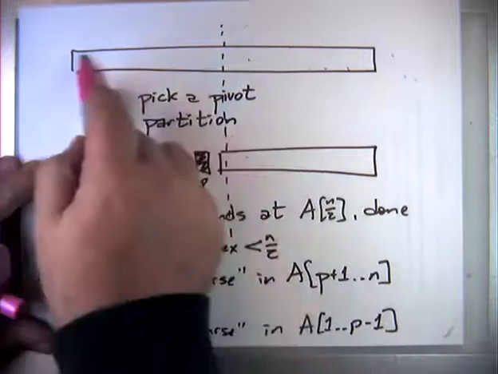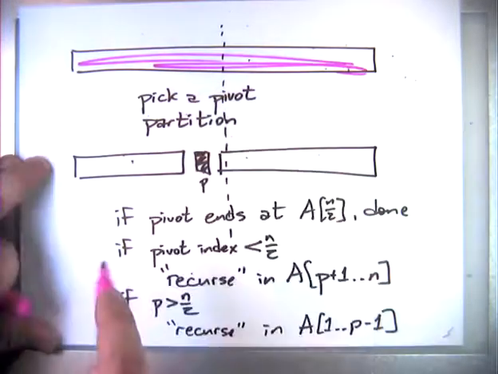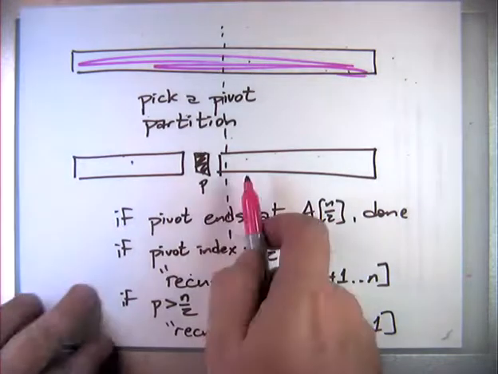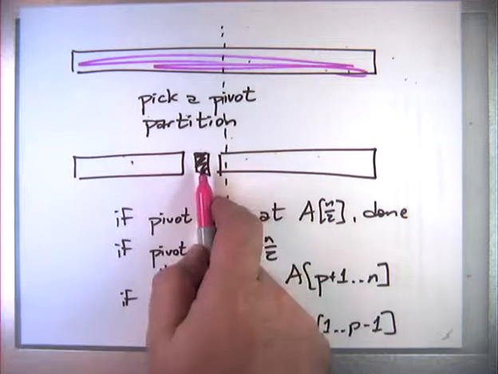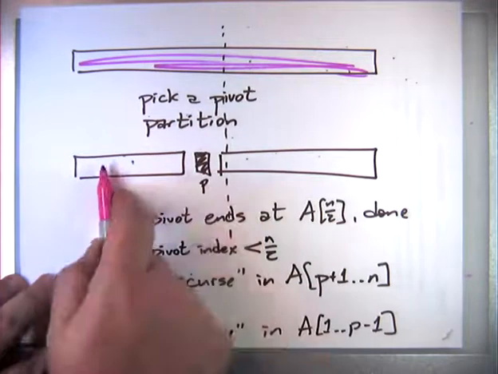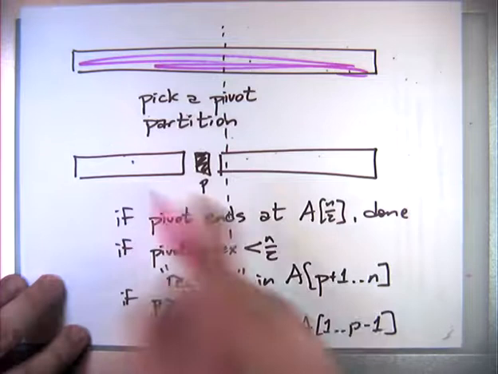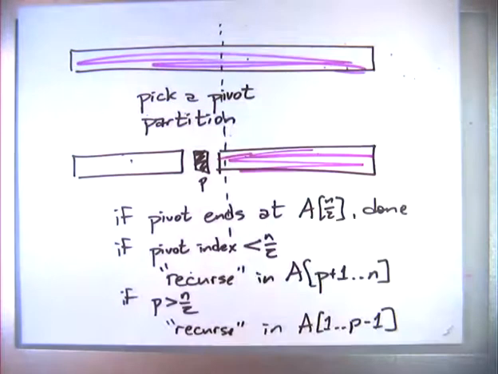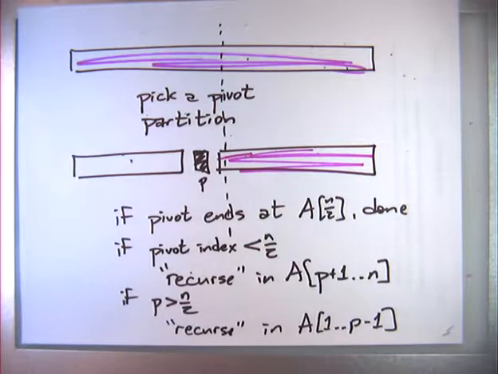If I want to find the median of this entire array, I pick a pivot somewhere and I partition the array. And then I ask, is the pivot actually the median? Or is the median on the left, or is the median on the right? In this case, the median's on the right, so I need to sort of recursively search on the right. Now, why did I put the word recurse in scare quotes?